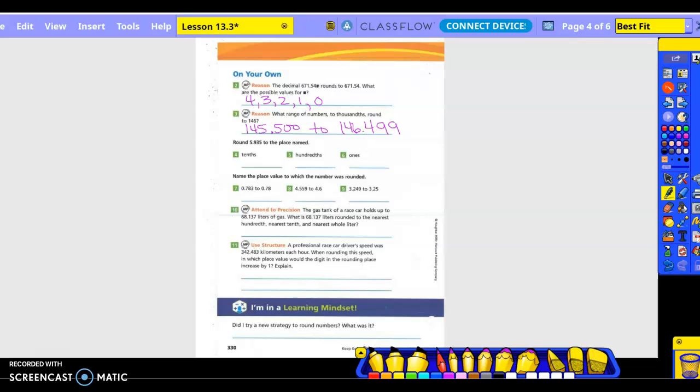Okay, so they want us to round to the named places. They gave us one number again, and I need to rewrite it each time so that I can do my circling, right? So for this one, 5.935. They want the tenth. What number is in the tenth spot?